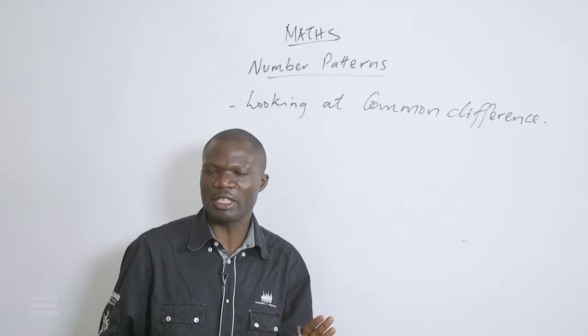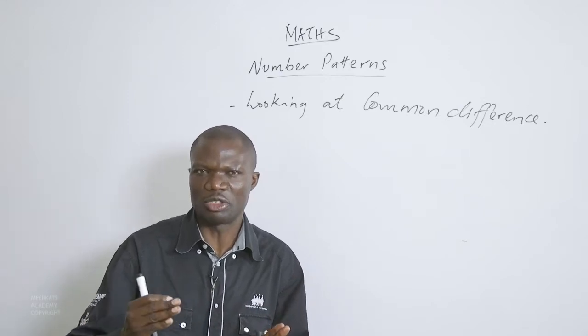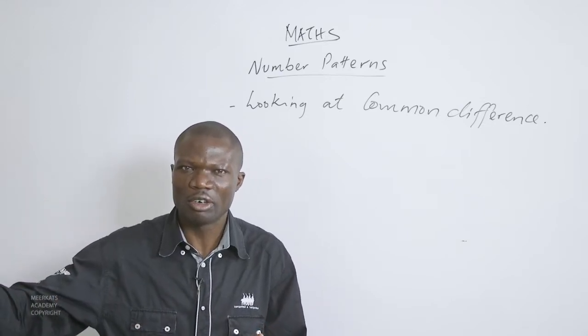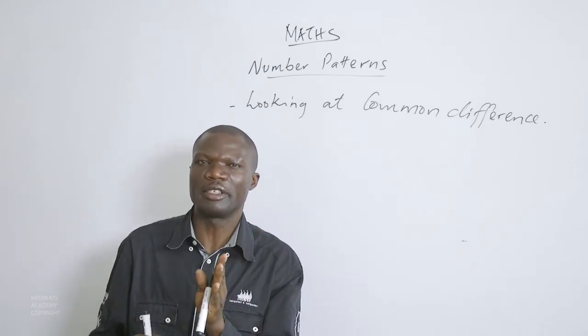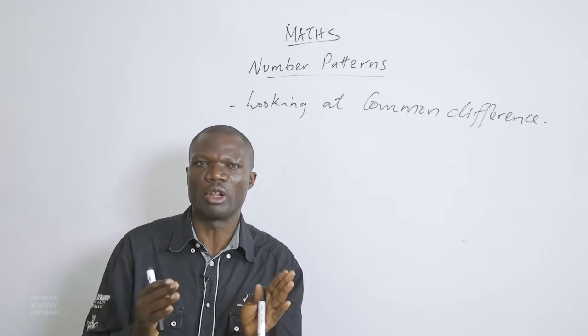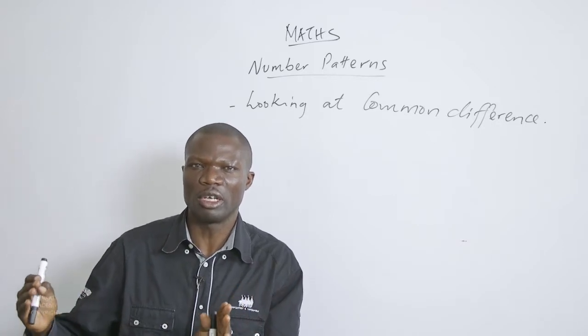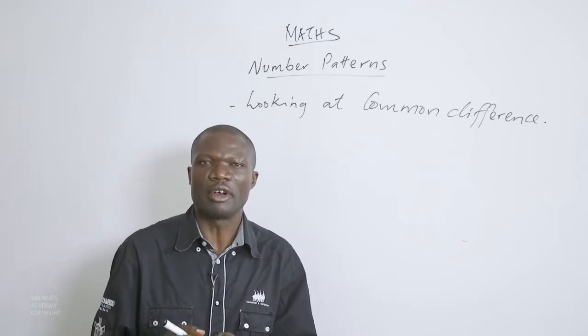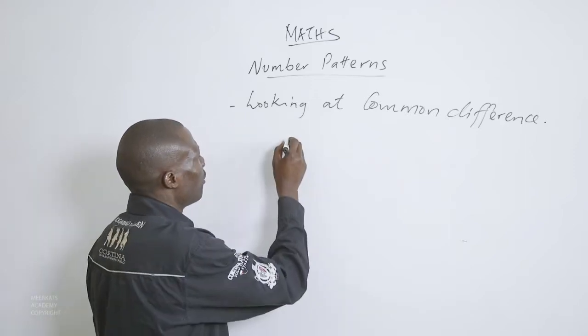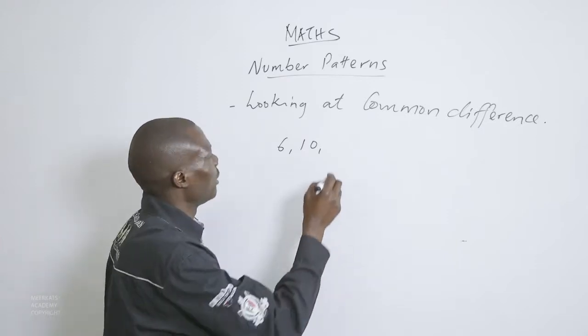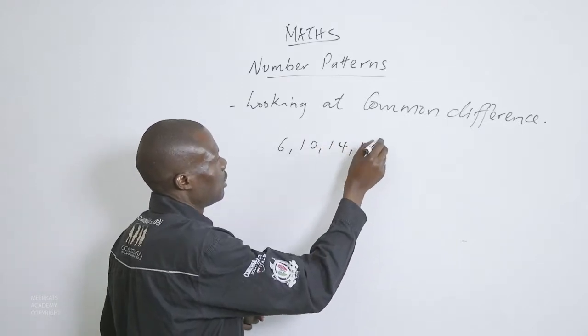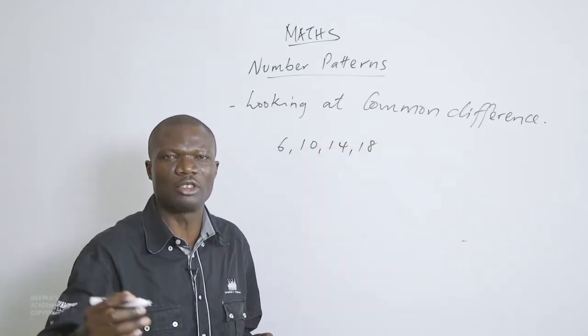Here we shall expect either the terms increasing constantly or decreasing constantly with a constant common difference. For example, we have 6, 10, 14, 18, and so on.